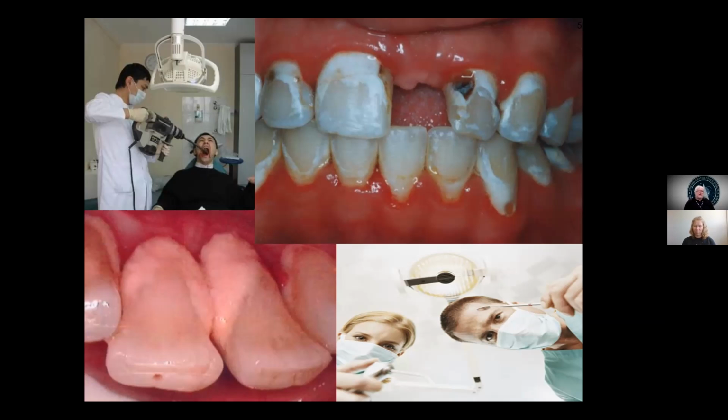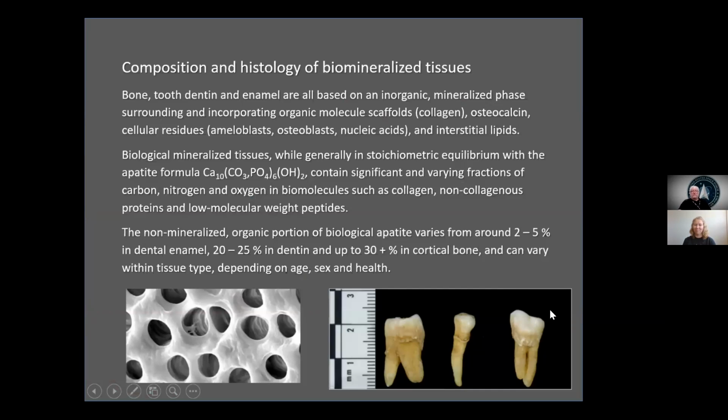We see all of these things as a record of events that happened in an individual's life that can help us understand the life of that individual, or alternatively what happens to an individual after it's buried. So a dentist looks at your mouth and says, I see a lot of problems here. And a bioarchaeologist will look at your mouth and say, hey, I see a lot of interesting information here that we can glean from these materials.